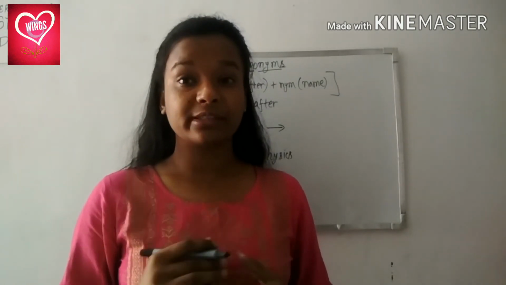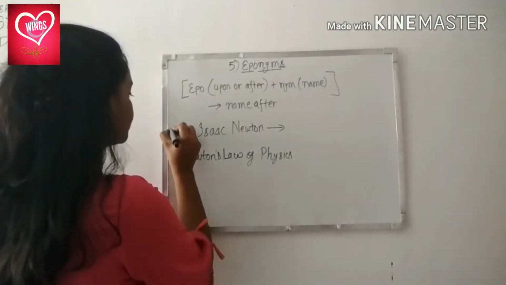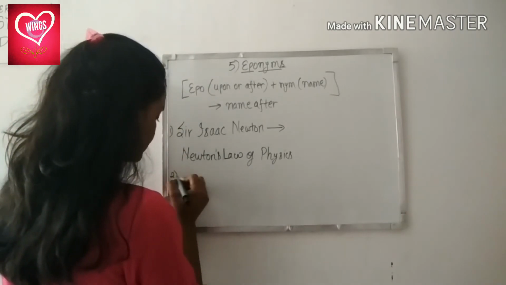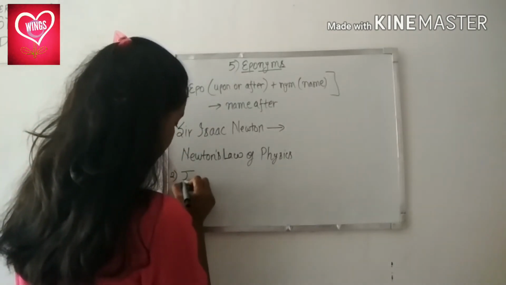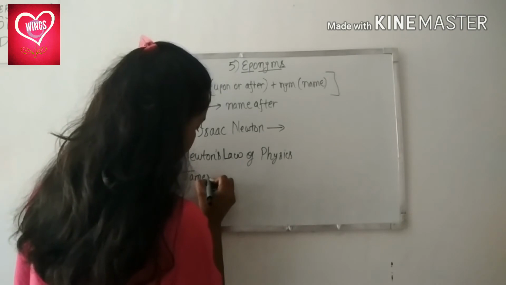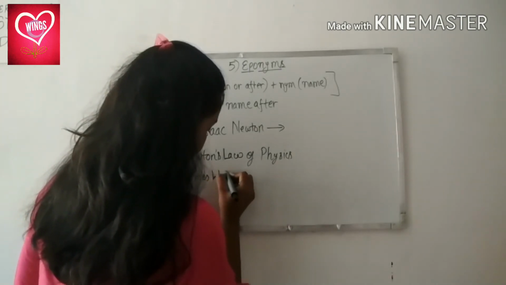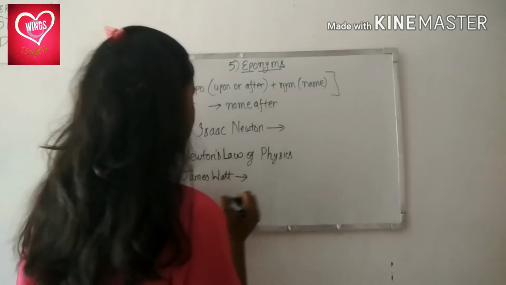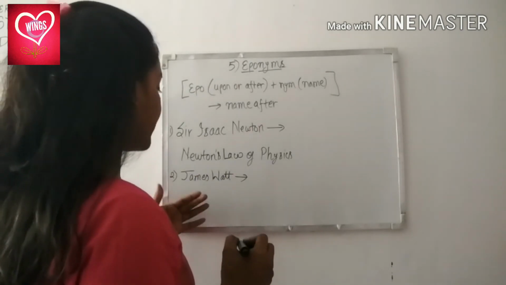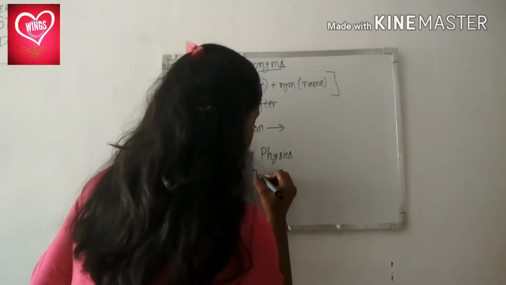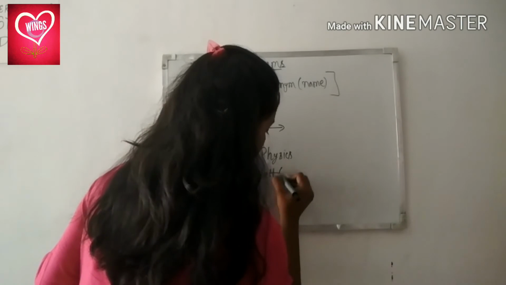Now let's come to the second example. James Watt. He is an eponym for the word watt, which is a noun.